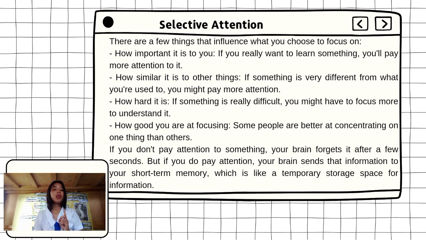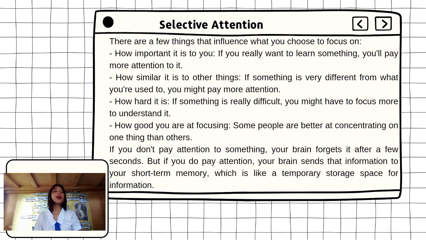If there is something very different from what you're used to, you might pay attention to it. And third is how hard it is. If something is really difficult, you might have to focus more to understand it. And last, how good you are at focusing. Some people are better at concentrating than others.